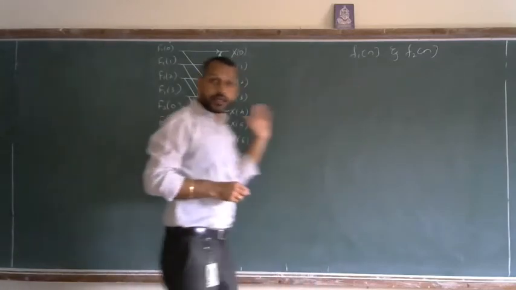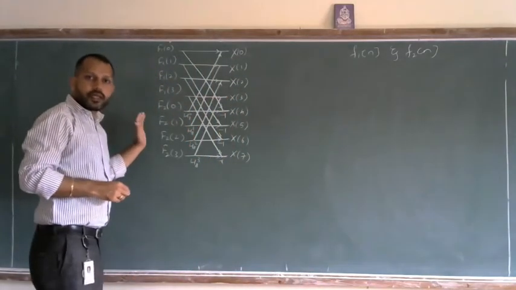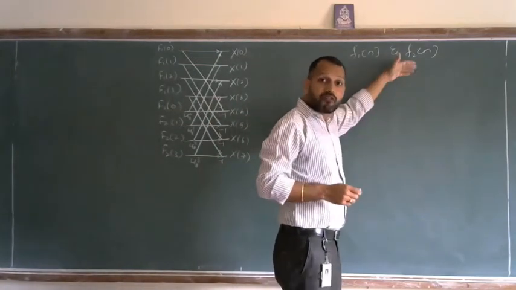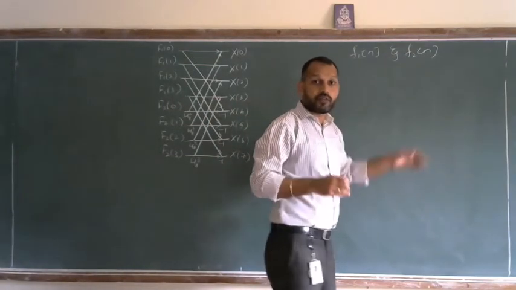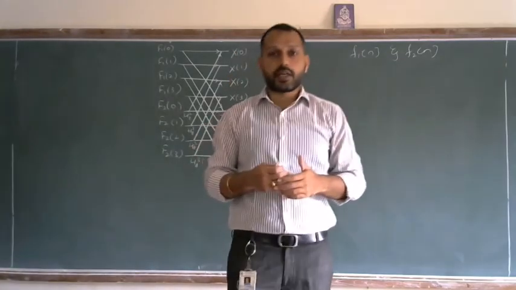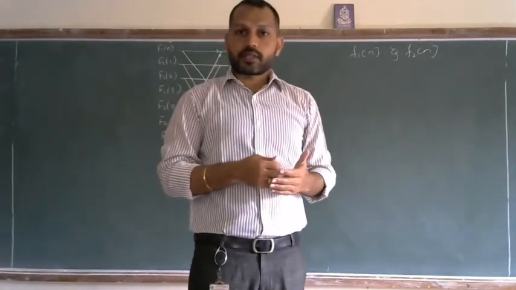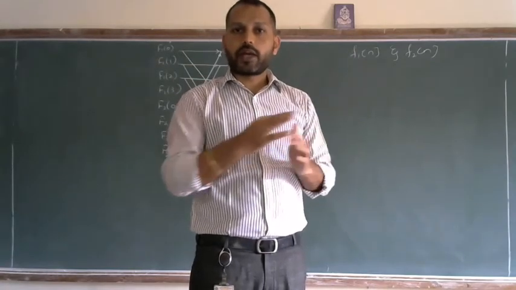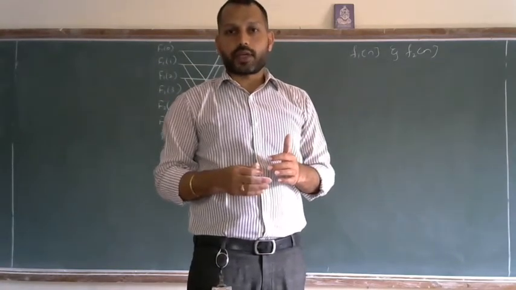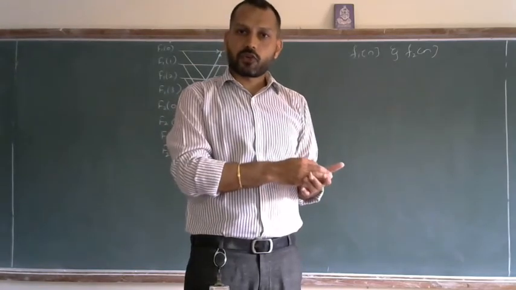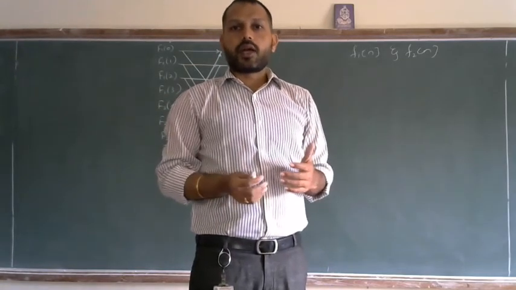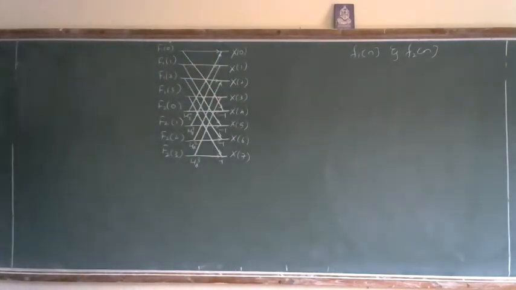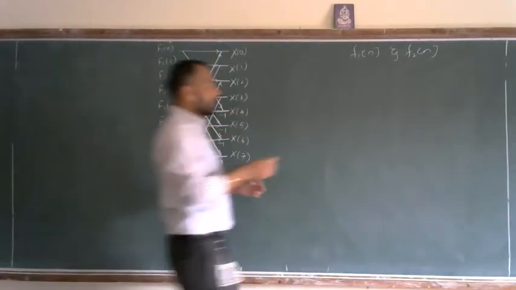In the second stage of decimation, these two sequences will be further decimated into the even numbered samples from F1 of n and odd numbered samples from F1 of n, and likewise even numbered samples from F2 of n and odd numbered samples from F2 of n.